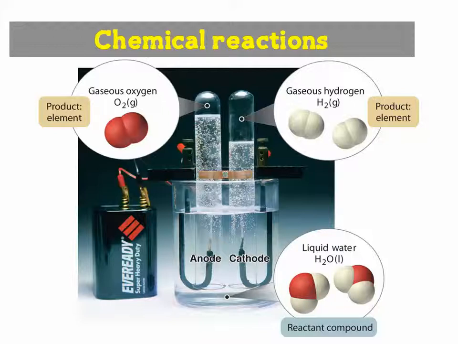And what's actually happening is that the positive end of the battery is causing hydrogen to come to it, and the negative end is attracting the oxygen molecules. It's actually pulling the liquid water, which is composed of two hydrogen atoms and an oxygen atom, apart, breaking it into oxygen and hydrogen.